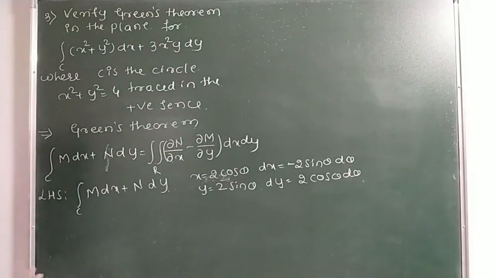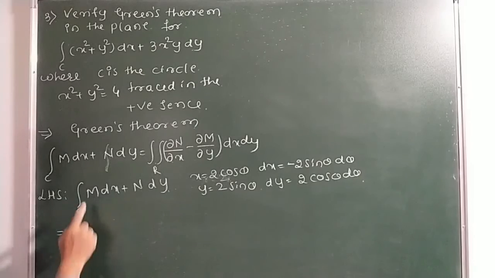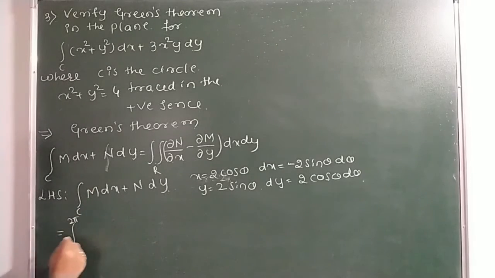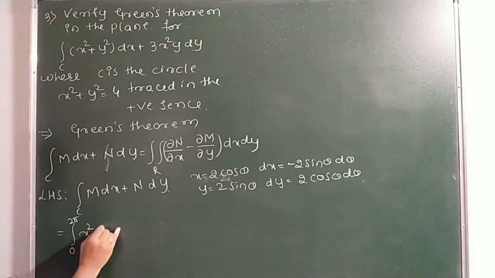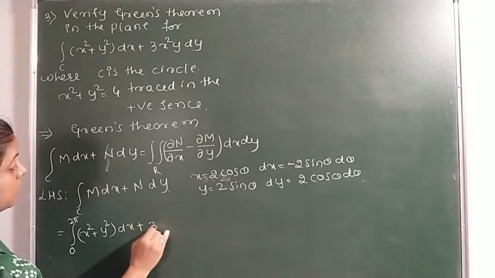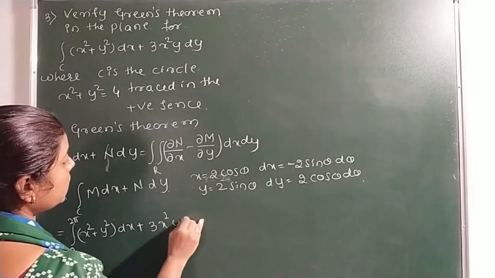In terms of this, you have to replace all the terms of the LHS part. The integral over C, the circle, means the limits are 0 to 2π. M is x² + y², dx plus 3x²y dy.